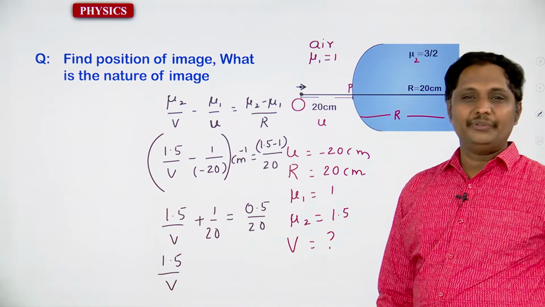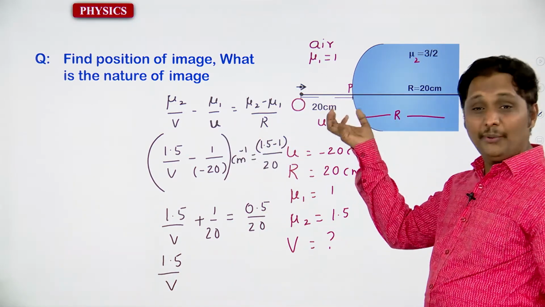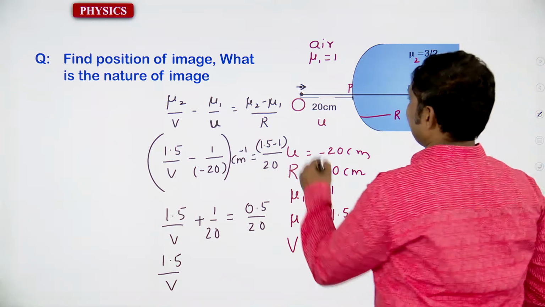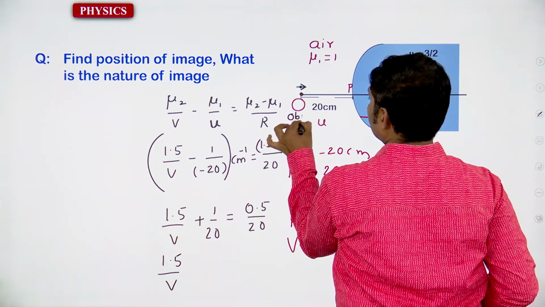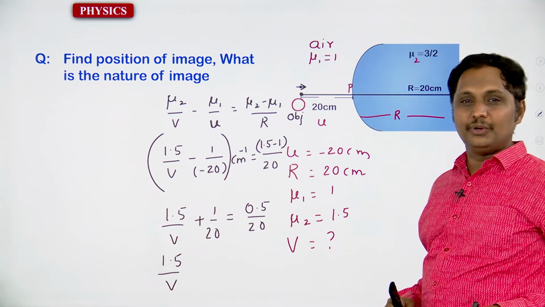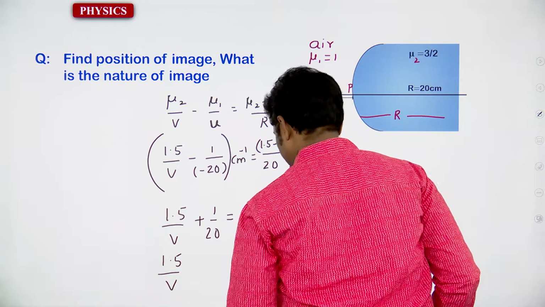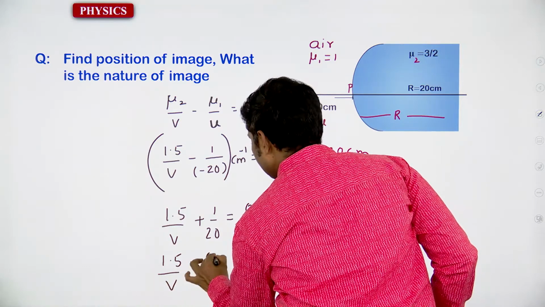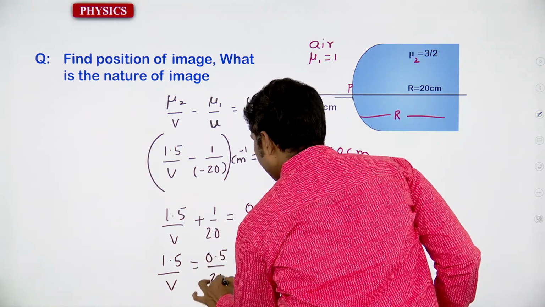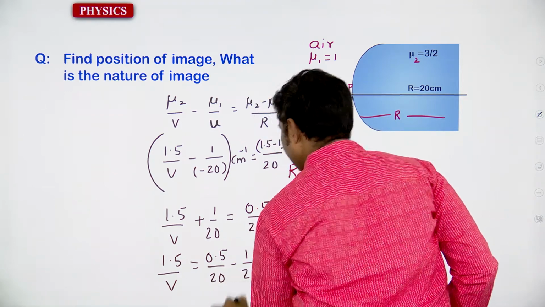If you are going to have that sign, you have to consider that this is going to be the object. We have to confirm where the image is going to be formed. We have to take 0.5 by 20 minus 1 by 20.